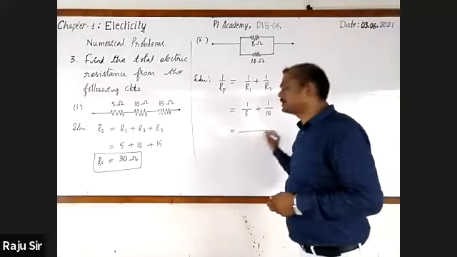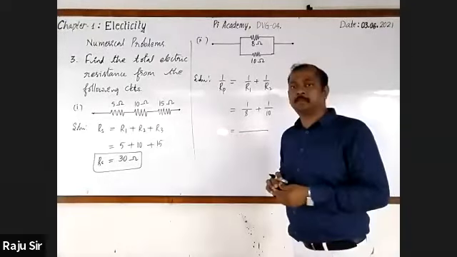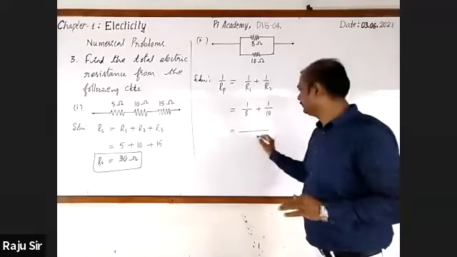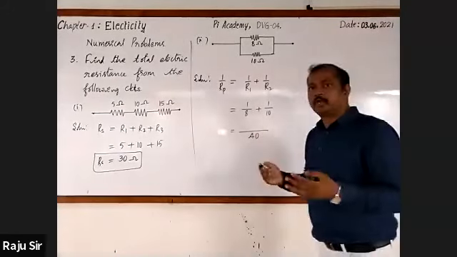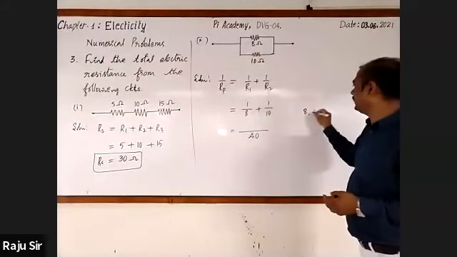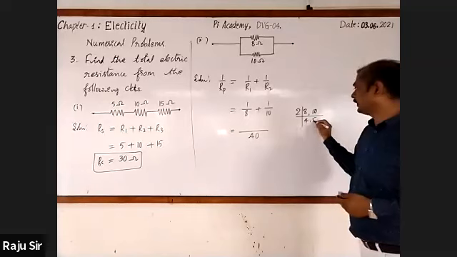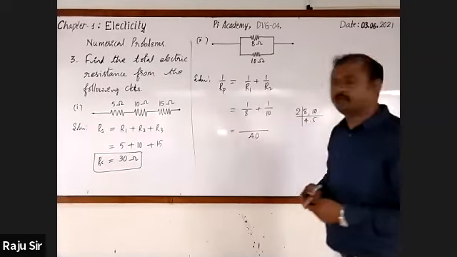This is equal to, let's go for taking LCM and simplify. LCM of 8 and 10 is 40. If you do not know, you can use the working column: 8 and 10, 2 fours are 8, 2 fives are 10, 2 fours are 8, 5 fours are 20, 2 twenties are 40.